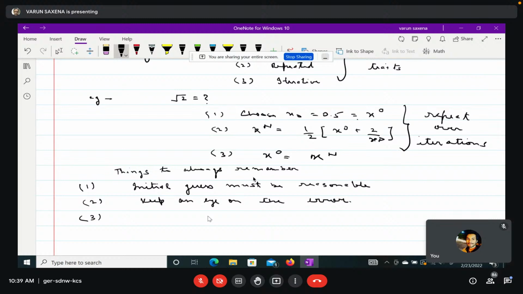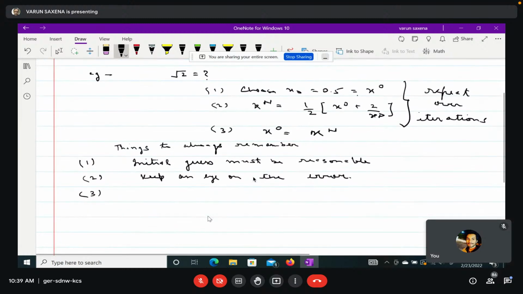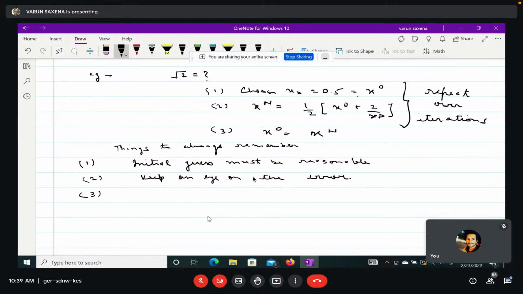And number 3 is that the error should decrease through iterations.